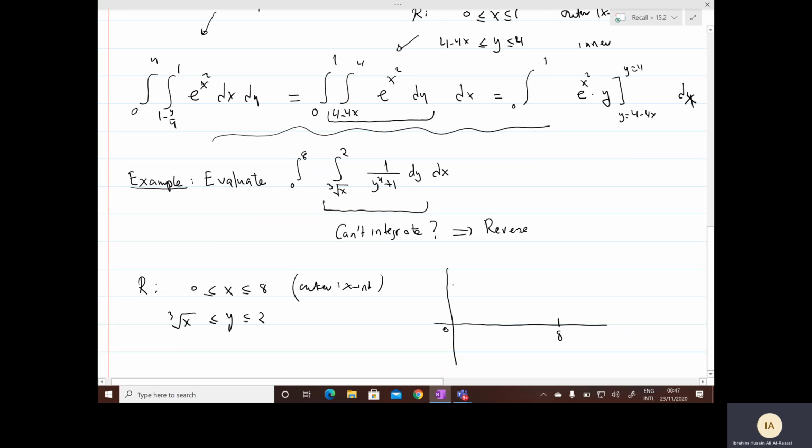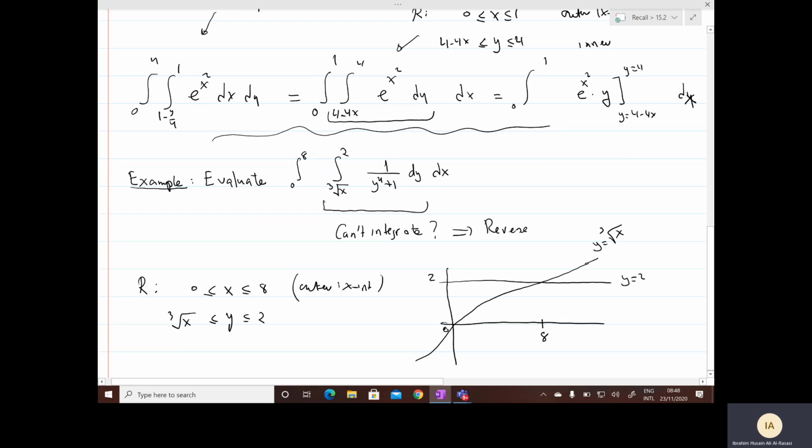So let me say this is 2, y equals 2, y equals the cube root of x, and let me say this is 8 here.